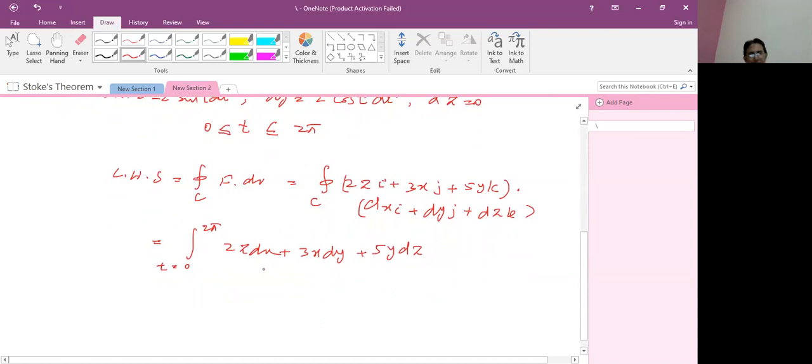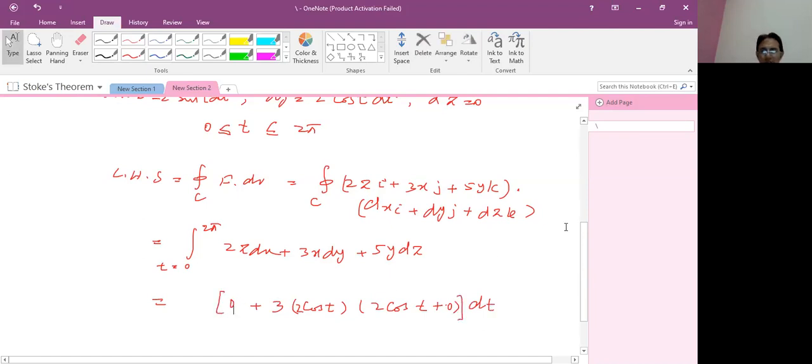So student, when we put the value of z as 0, this part should be 0 plus 3 times x, where x is 2 times cos t, into dy, plus 0 into dt.